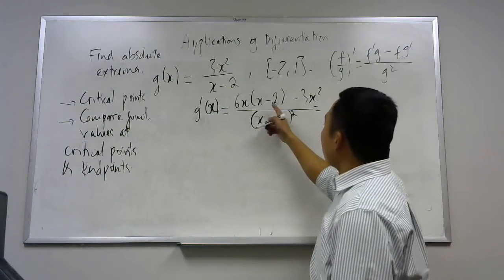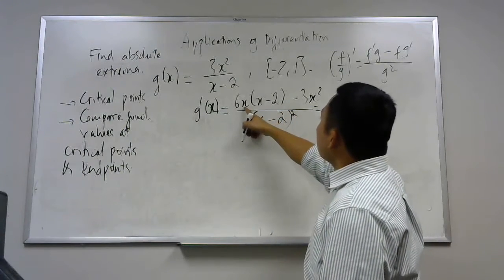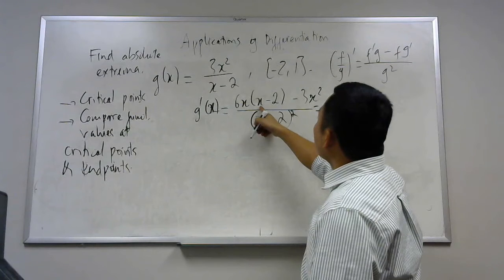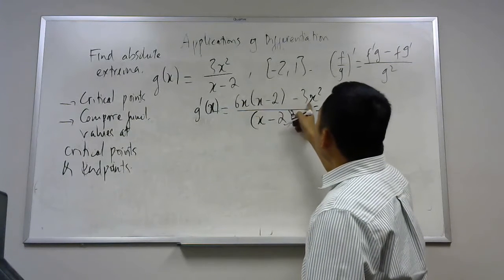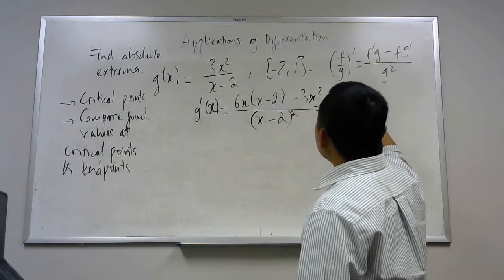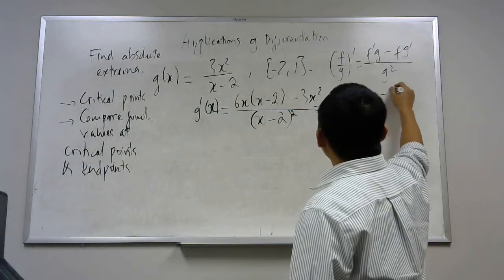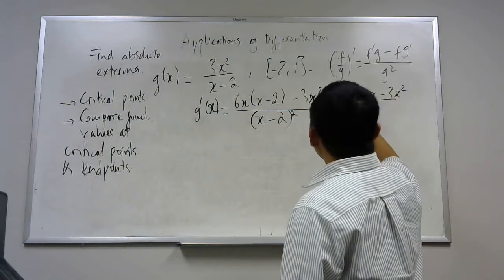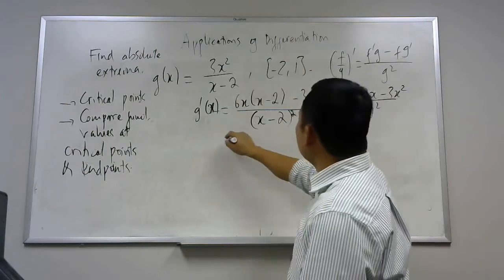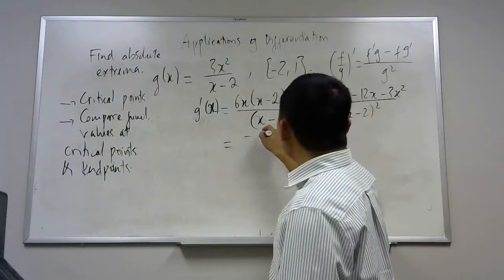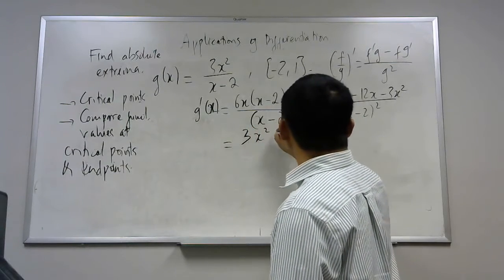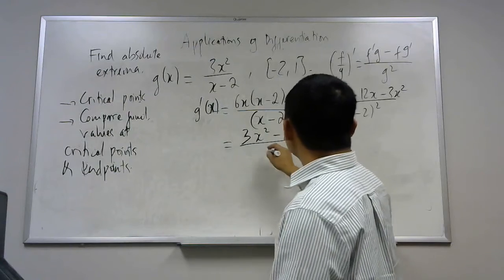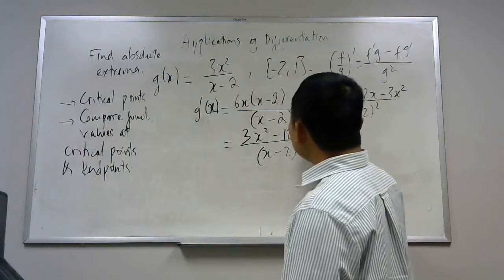Let's distribute and simplify. I get 6x squared minus 12x minus 3x squared over x minus 2 squared, which is 3x squared minus 12x over x minus 2 squared.